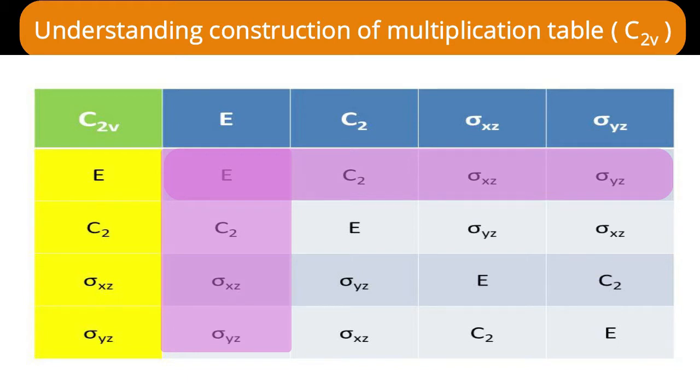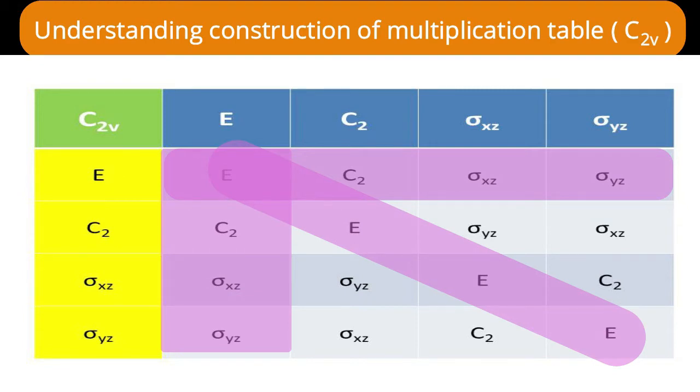It is also copy and paste. And the diagonal elements are identity, which you can also easily understand. C2 operation two times means identity, and reflection of a reflection means identity. So the diagonal elements, first column and first row are easy to understand.